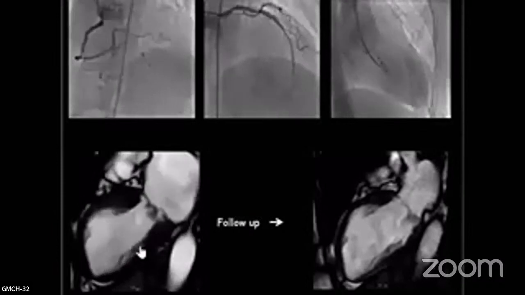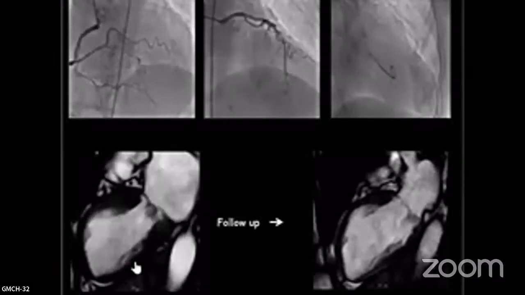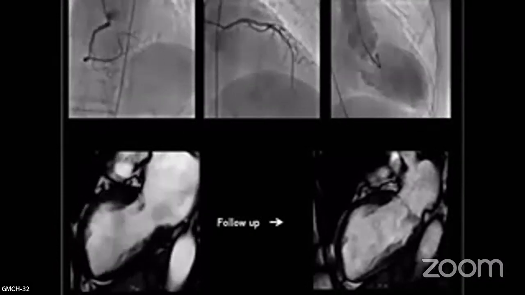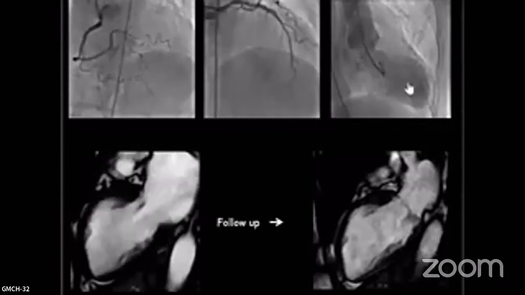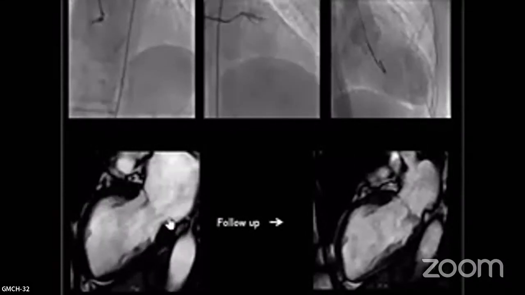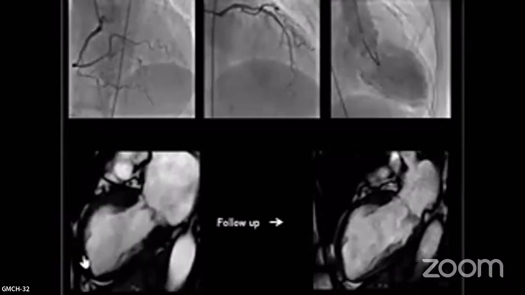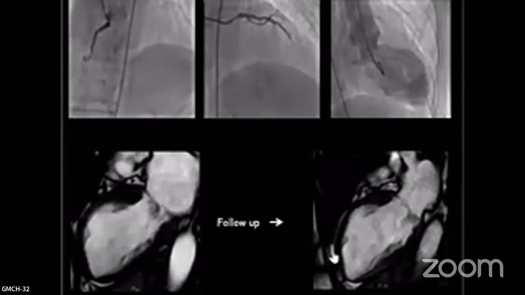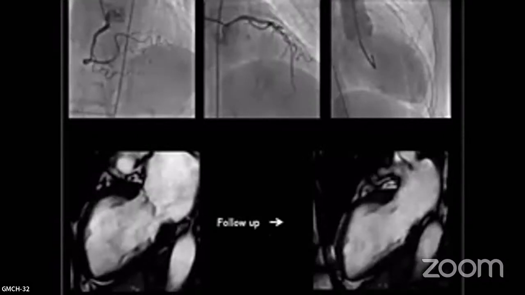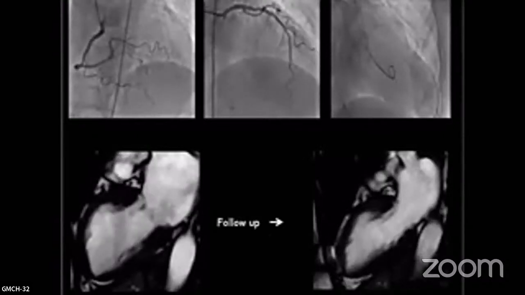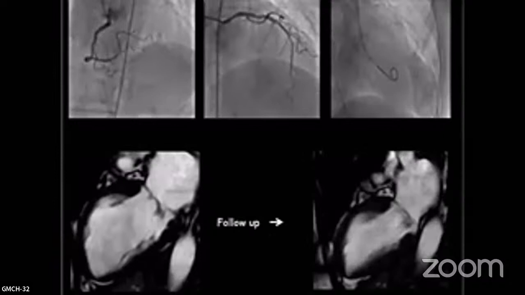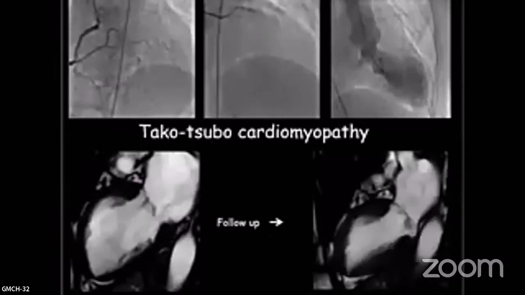The CMR scan following this shows images which would keep in with Takotsubo with hyperdynamic basal systolic function and almost akinetic mid to apical function, and on follow-up, the ventricular function has resolved. So this is a case of episodic cardiomyopathy.